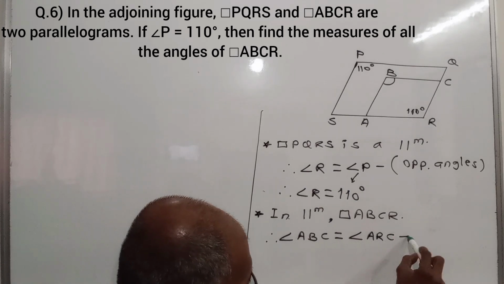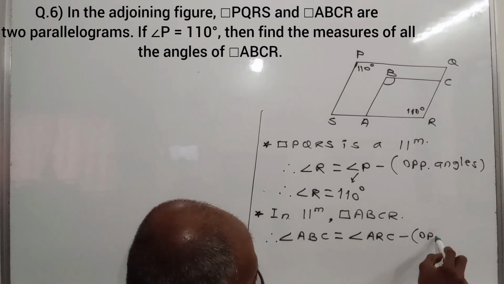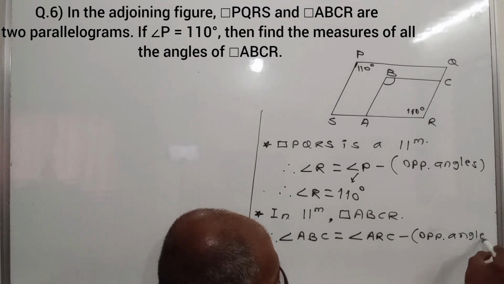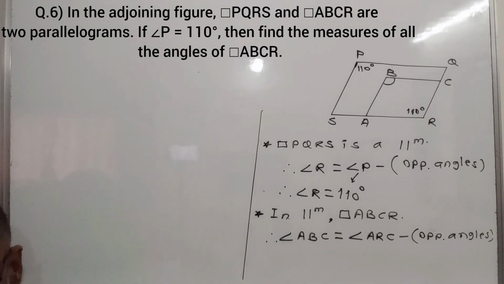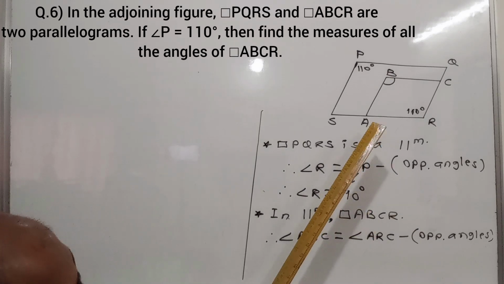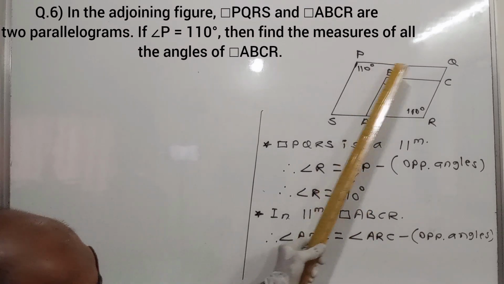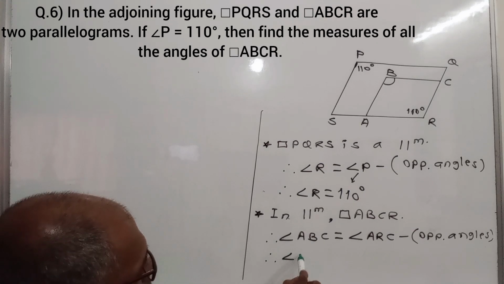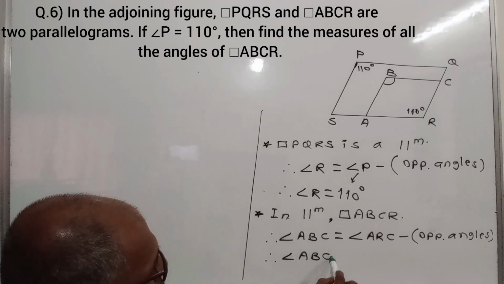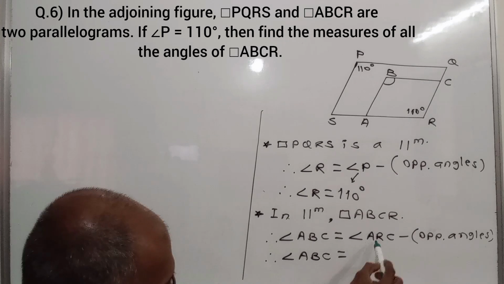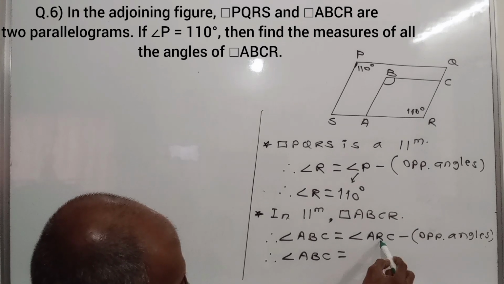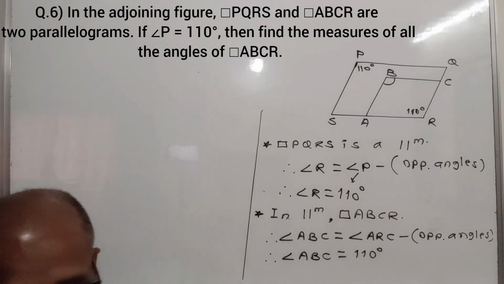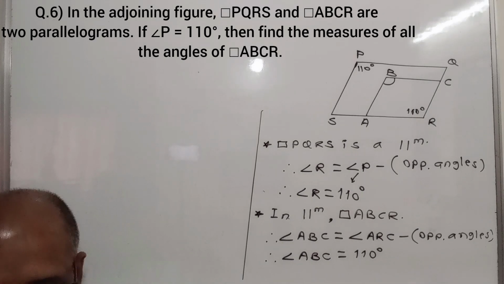These are also opposite angles of parallelogram ABCR. Therefore, angle ABC is equal to angle R. What is the measure of angle R? 110 degrees. Did you get it?